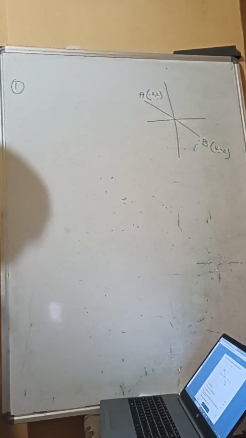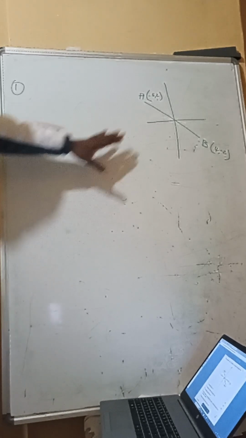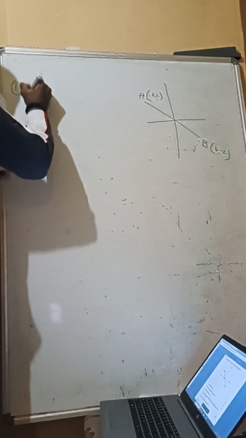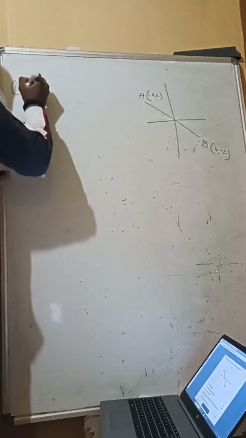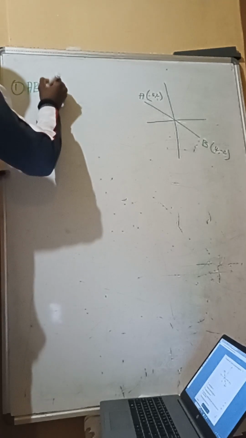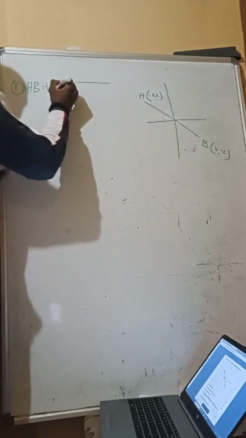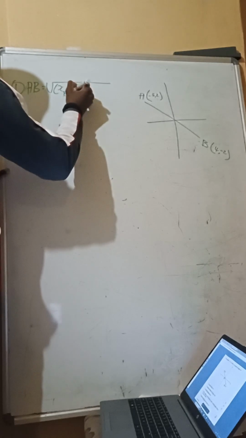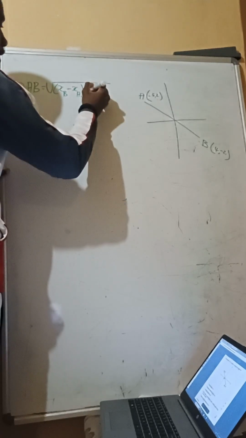Okay, let's deal with the question. I've got a worksheet here with question number 1. They've given us this diagram, and number 1 says determine the length of AB. If you want the length of AB, remember you're going to write AB is equal to the square root of x of B minus x of A squared plus y of B minus y of A all squared.